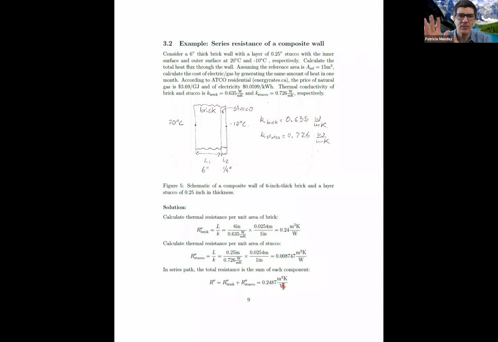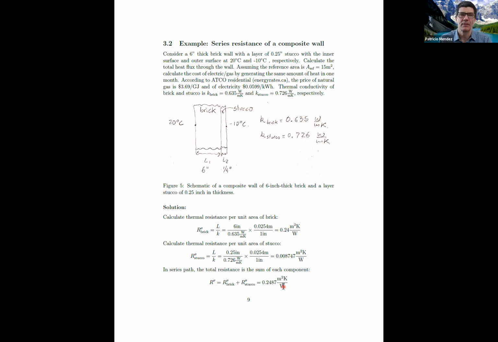The other resistance, of the stucco, is a detail. The more details we have, the more accurate we are. But for the sake of being quick, we forget about the details. If they are not dominant, they're what we call secondary. If they are secondary, we are not committing a major sin.